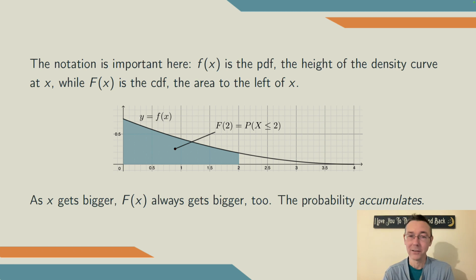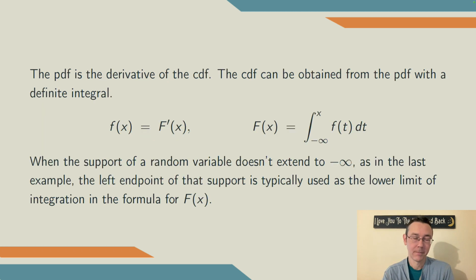It's not representing a literal probability at x. Big F(x) is the CDF, and that's representing the area to the left of x. So that is representing a probability, but not the probability just of one particular x value. Notice that because big F is accumulating probability, accumulating area, it always gets bigger as x gets bigger.